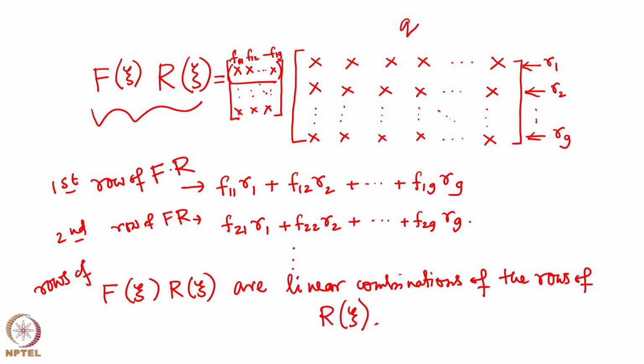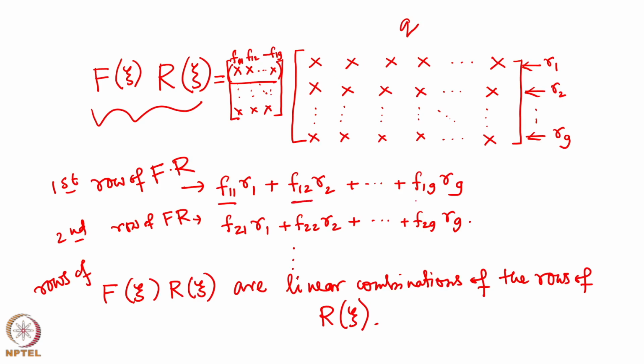So if we define this module, script R, as the row span of this matrix R(xi), but row span over what? Row span over R[xi]. That means the coefficients that I am taking to take these linear combinations are not real constants, but rather polynomials themselves.